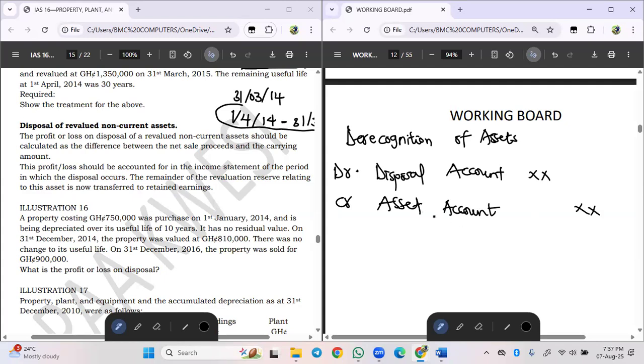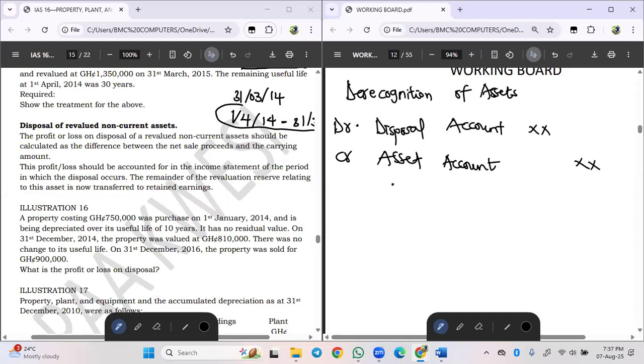We are crediting the asset account because we know an asset has a debit balance. Whenever you want to increase that account, you send it to the debit side, but whenever you want to reduce it, you send it to the opposite side, that's the credit side. The same way, if you have a liability and you want to reduce it, you send it to the debit side. This is just the basics in accounting.